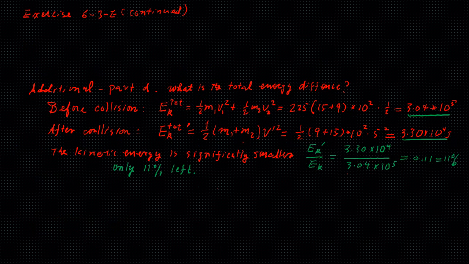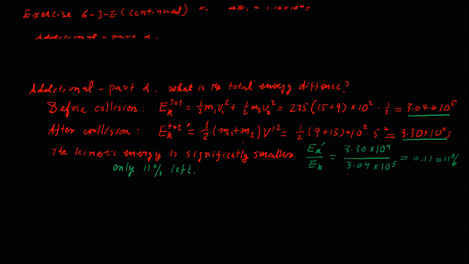Now let's continue on this new page. We find the change in the kinetic energy. So that's C, the change. So change is always change. Delta change is always the final minus initial. So for the truck, the final we find out is a smaller number. It's actually 1.12 times 10 to the 4th joule.